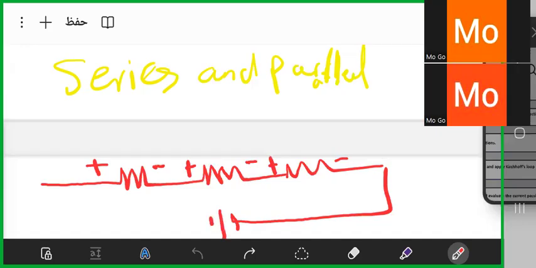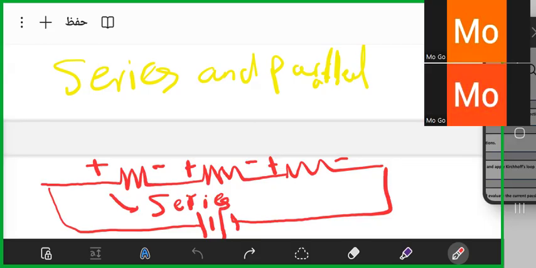So it was continuous. This is called series. Why is it series? Because it was connected here, one going to another, going to the third. So positive showing to the negative, positive showing to the negative, and it was continuous.